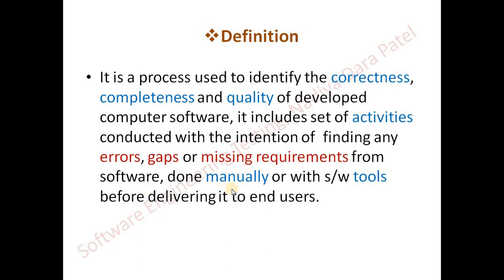This can be done either manually or with the help of software tools before delivering it to end users. If you are performing the phase of testing manually, it is known as manual testing. If you are making use of any software tools, it is known as automation testing.